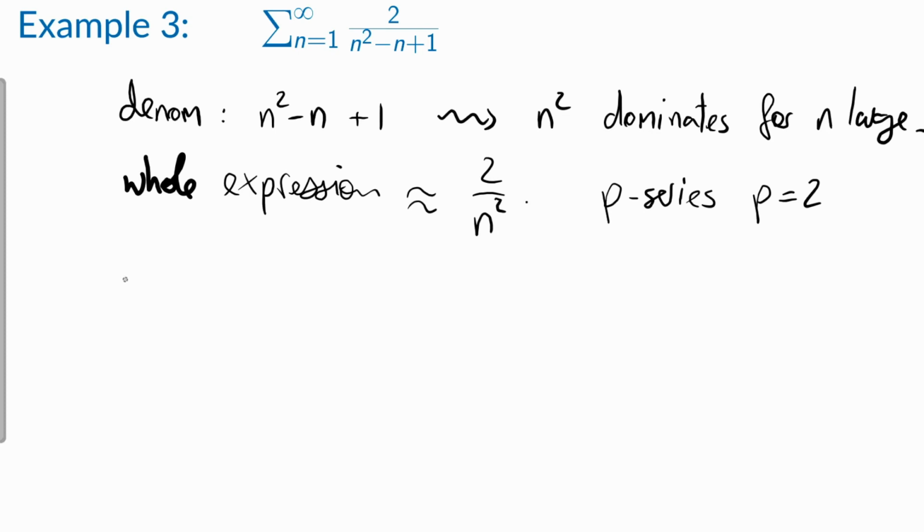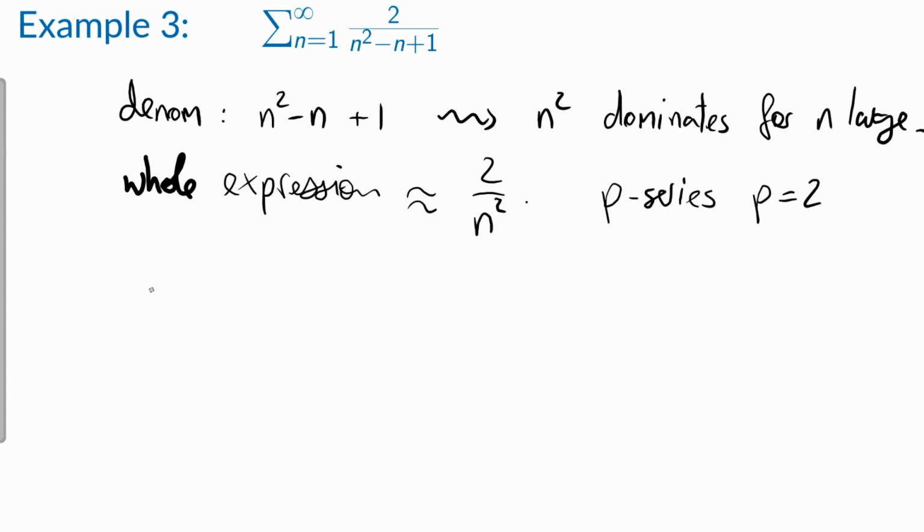So for this, we're going to find some inequality that gives us control over that denominator, right? An expression gets bigger if the denominator gets smaller. So we want something that's smaller than that denominator, but that looks like n squared.